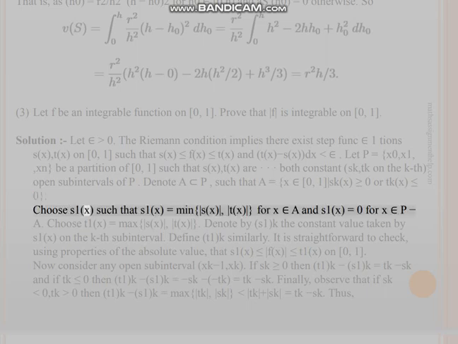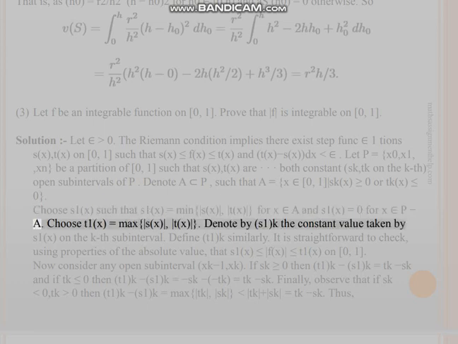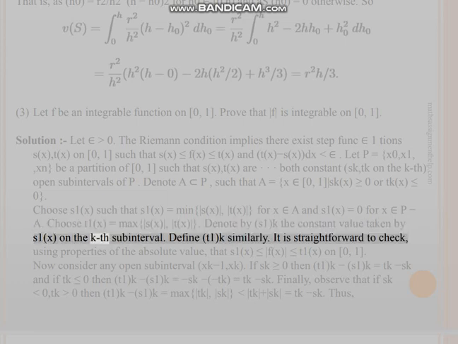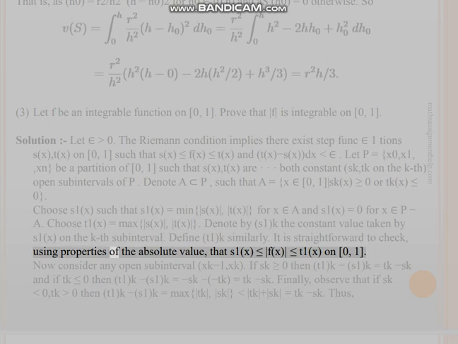Choose S1(x) such that S1(x) equals min(|s(x)|, |t(x)|) for x an element of A, and S1(x) equals 0 for x an element of P minus A. Choose T1(x) equals max(|s(x)|, |t(x)|). Denote by S1_k the constant value taken by S1(x) on the kth subinterval. Define T1_k similarly. It is straightforward to check, using properties of the absolute value, that S1(x) is less than or equal to |f(x)| which is less than or equal to T1(x) on [0,1].